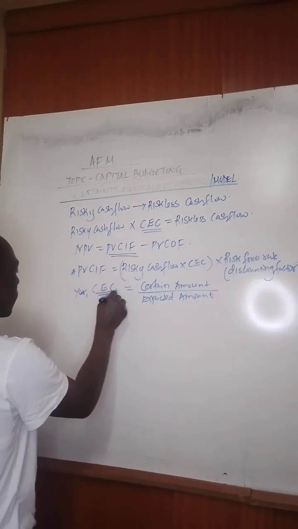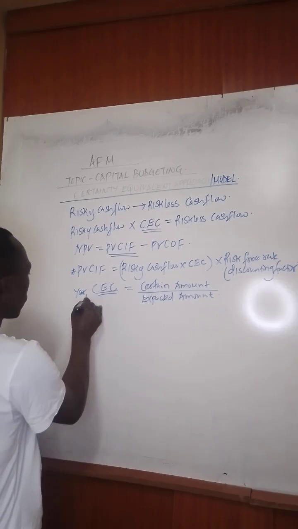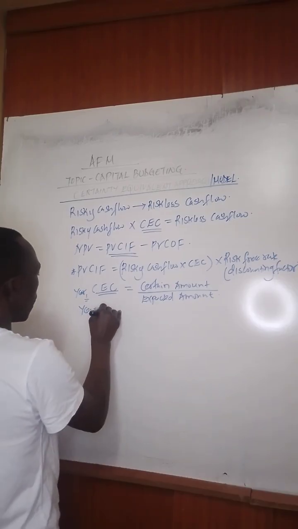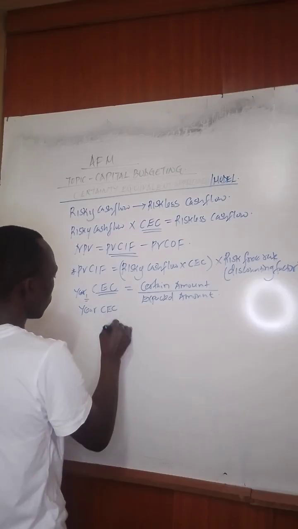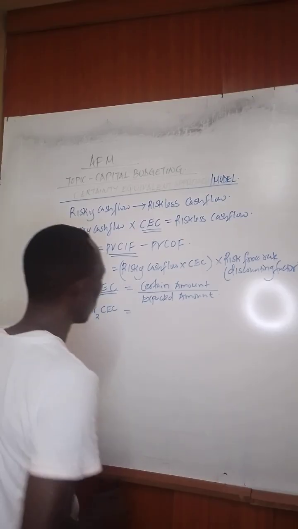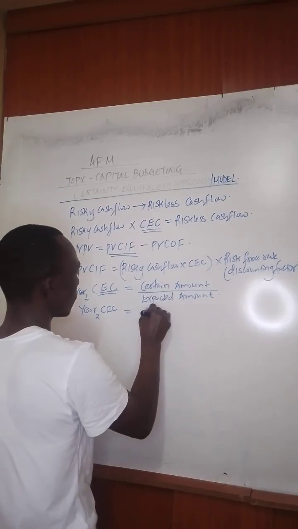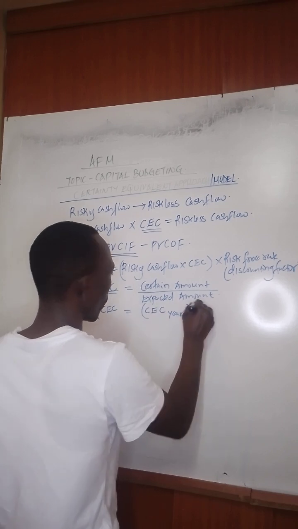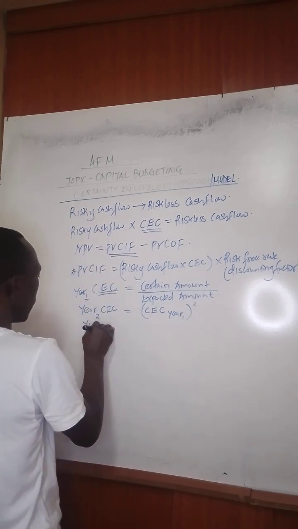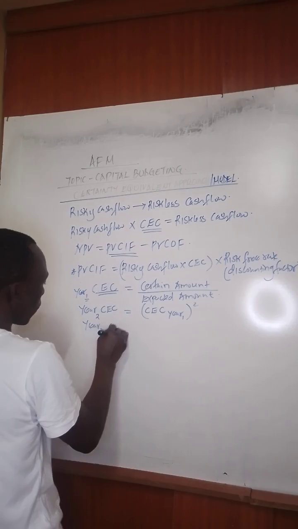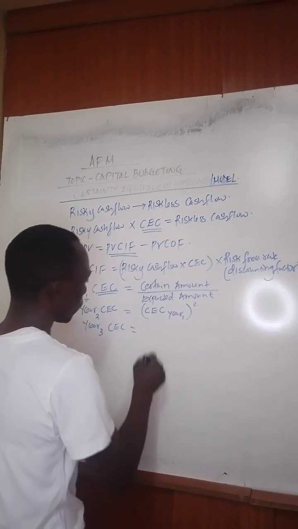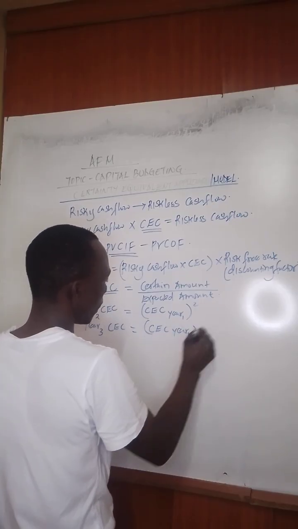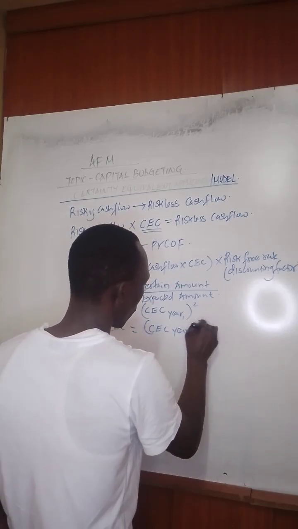For the second year, it is the CEC for the first year squared. For year 3, it is the CEC for year 1 raised to power 3.